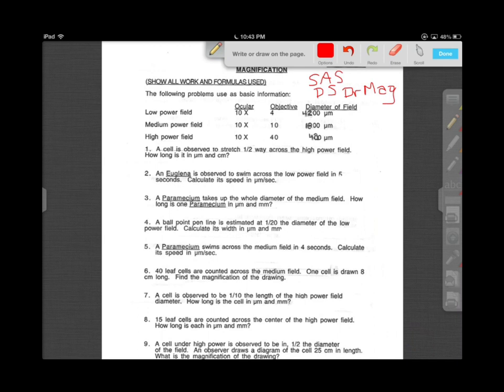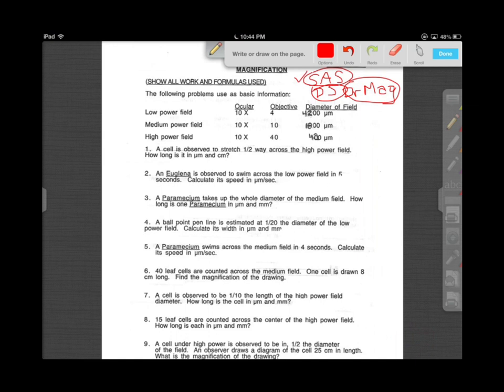Those are the only three things that will come up again and again. Now, why am I torturing you with this? Well, guess what? When you draw something in Biology 12, I didn't ask you to do this in Biology 11, or when you look through the ocular lens and down through the objective and you see something swimming around down there, you have to tell me its SAS.